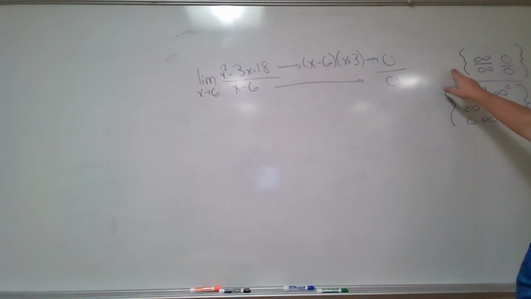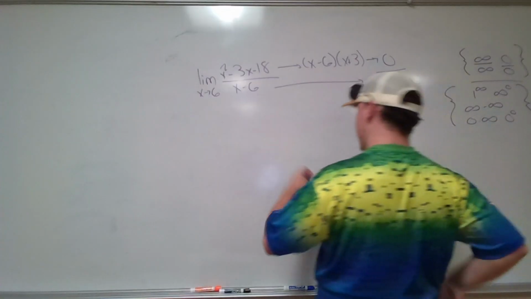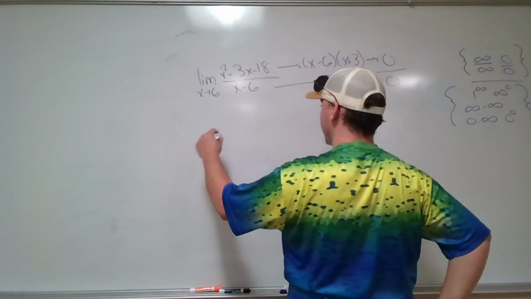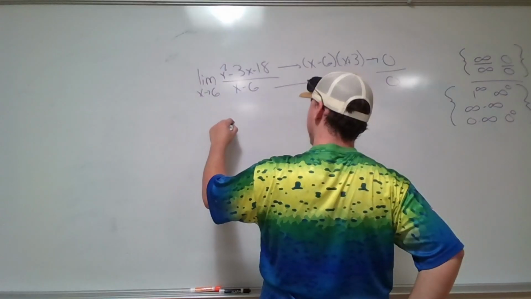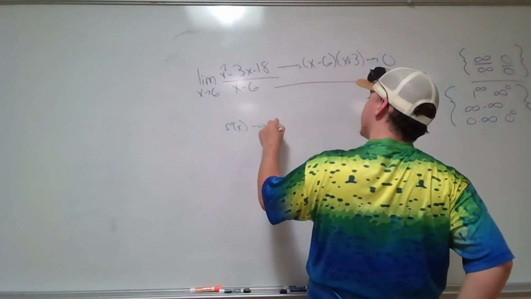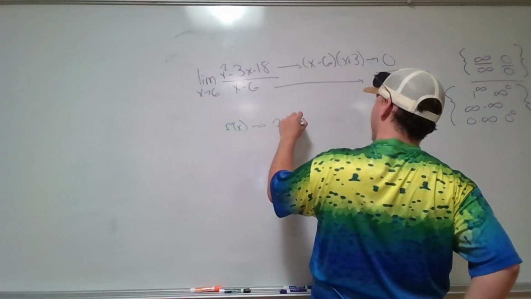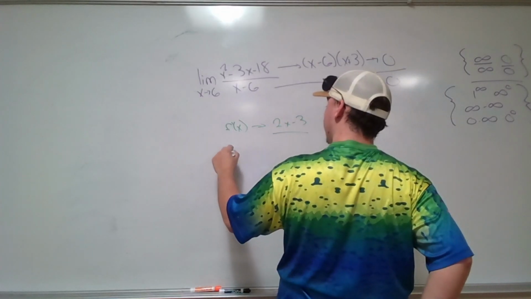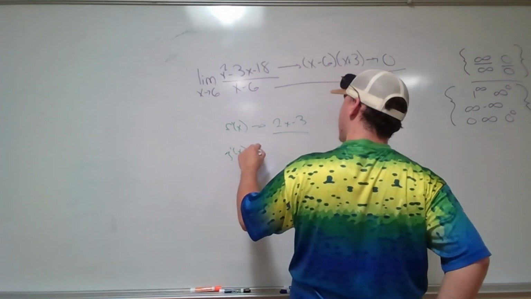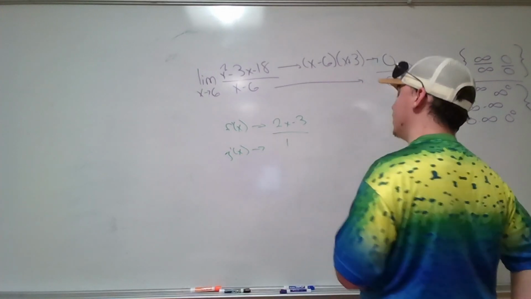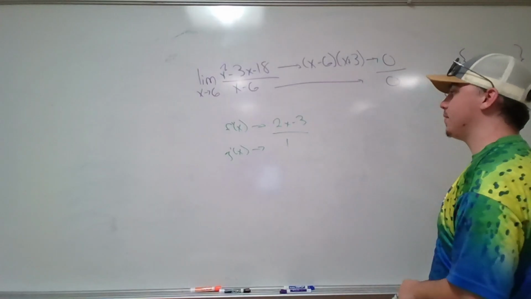So we come over here and apply L'Hopital's rule. We're going to take the derivative of the top and the bottom. The derivative of the top is 2x minus 3, over the derivative of the bottom, which is just 1.